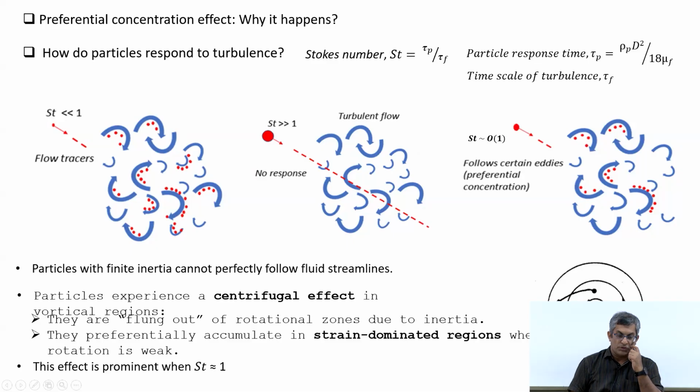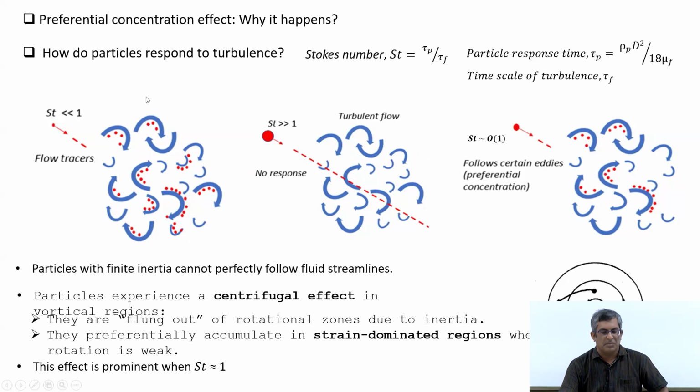When I say Stokes number less than 1, this is with respect to which turbulent eddy? Let us say with respect to all turbulent eddies, or I can say the Stokes number based on the Kolmogorov scale itself is much less than 1. This means it will be even smaller for large scale eddies.